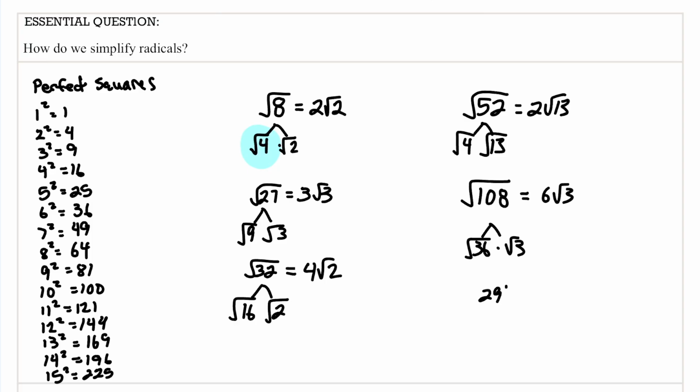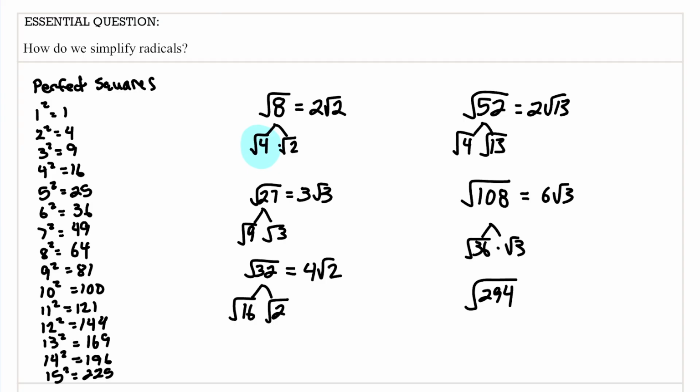And let's look at one more. Radical 294. This one's a tough one because nothing really jumps out. So we could divide by 144, see if that one works. We could try 169, that doesn't work. 121, 100, 81, none of those work until we get down to 49.